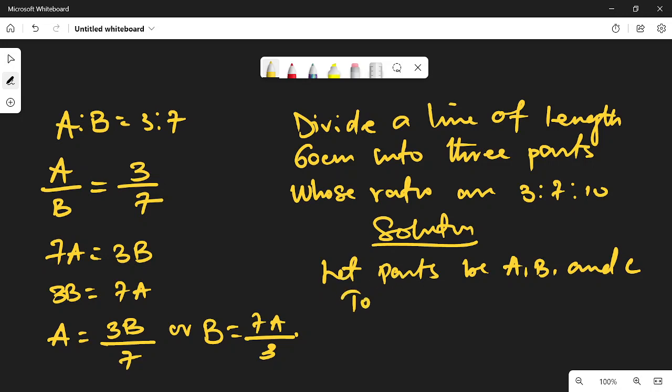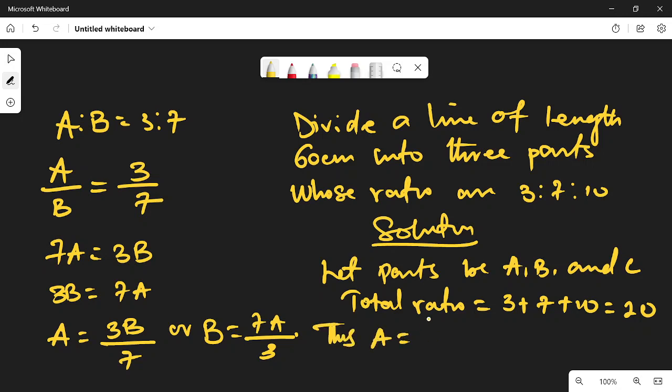The total ratio is going to become 3 plus 7 plus 10, and that will give us 20. So what will be the portion of A? Since A is the first one, that will be 3 all over 20 multiplied by the total, which is 60.